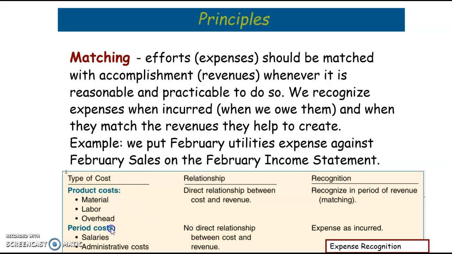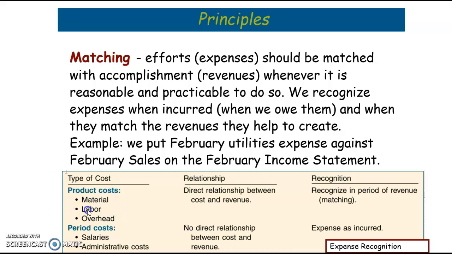Now this thing on the bottom shows different types of costs, and we've talked about these in Accounting 102, the product costs, materials, labor, and overhead, and these have a direct relationship between the cost and the revenue. These are the exact costs of the products, and then we sell the products for higher price to the customer than what these costs are.